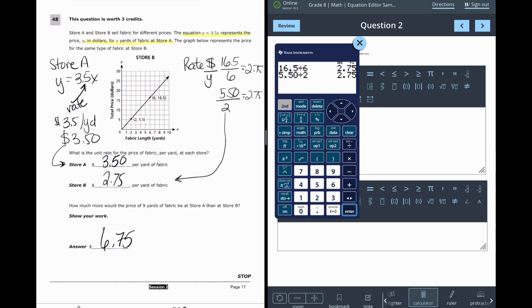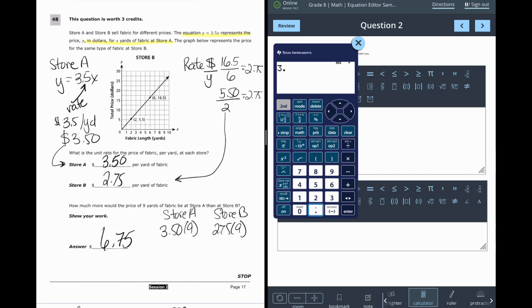If I know the yards, it's $3.50 times 9 for store A, and $2.75 times 9 for store B. $3.50 times 9 is equal to $31.50. And store B, $2.75 times 9 is equal to $24.75.